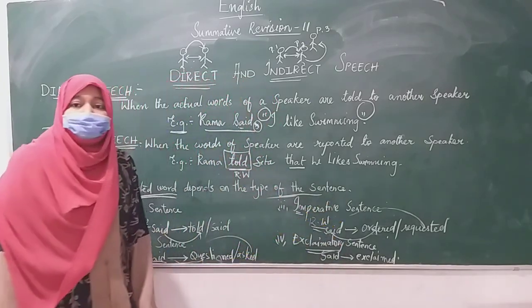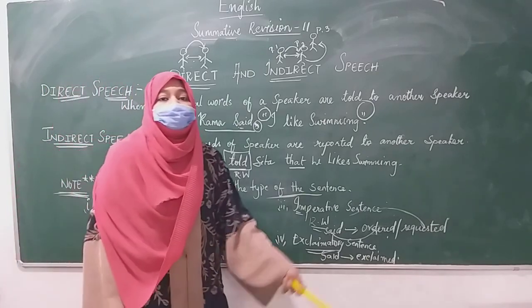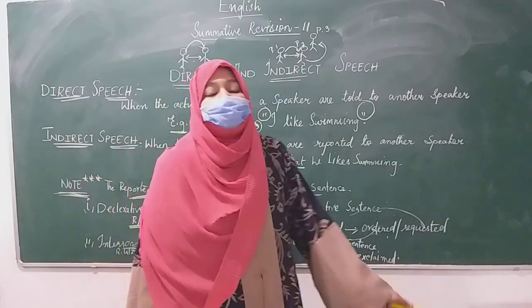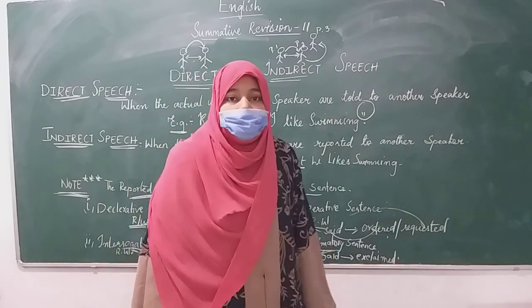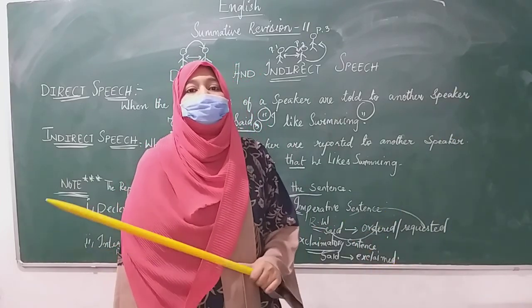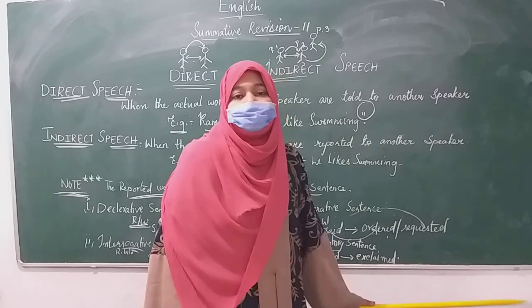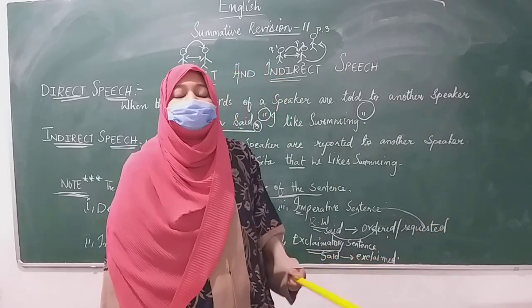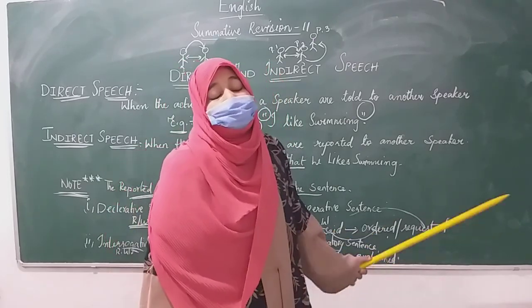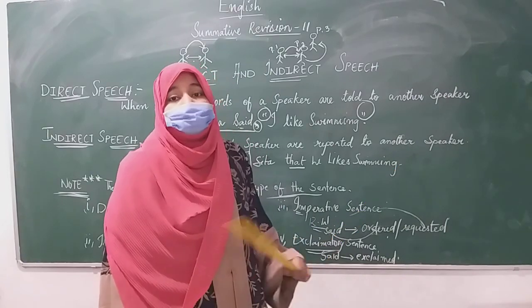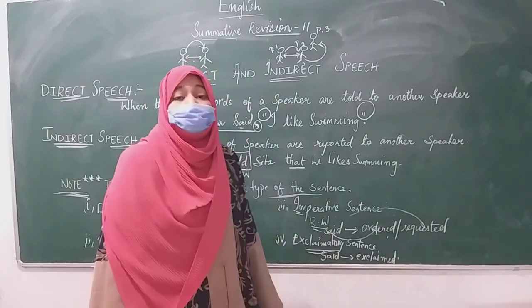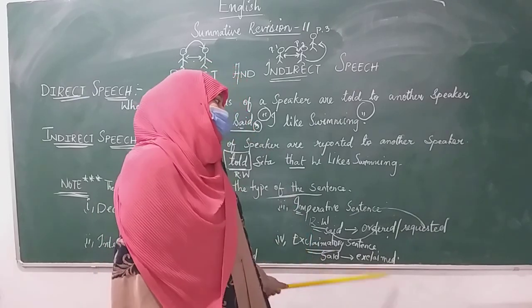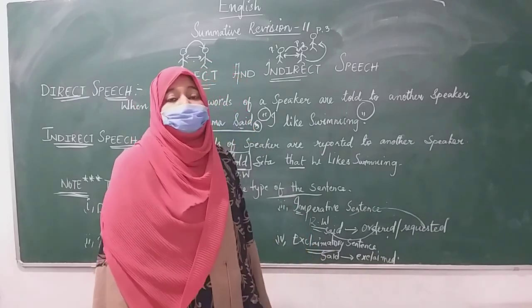The example can be, teacher said, "Close the door." So you will write, teacher ordered to close the door. If I add please in the sentence, teacher said, "Please close the door," you can say teacher requested to close the door. Whenever there is a please in the sentence, you will use requested as your reporting word.